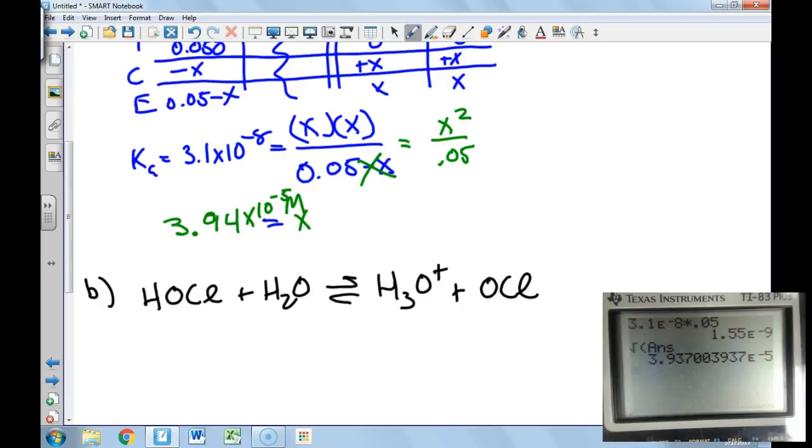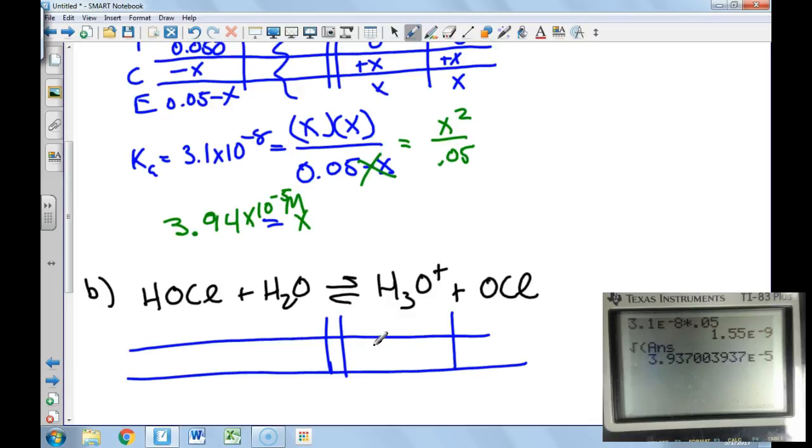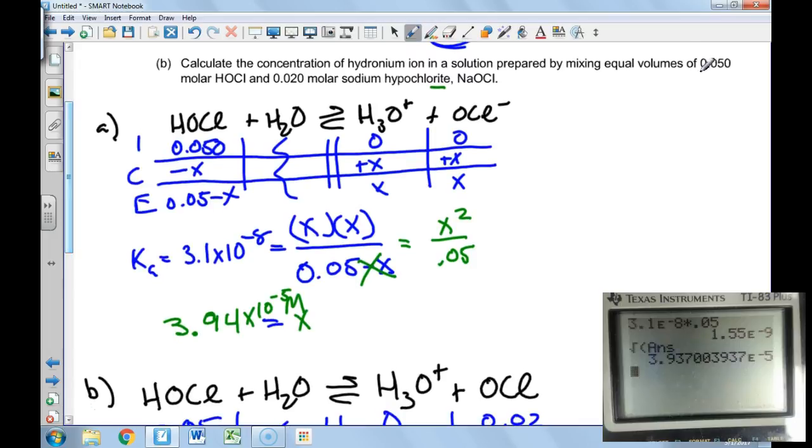And now for this reaction, we'll make our ICE chart. So when we make our ICE chart, this is 0.05. This doesn't matter. This is still 0, but now this is 0.02, right?